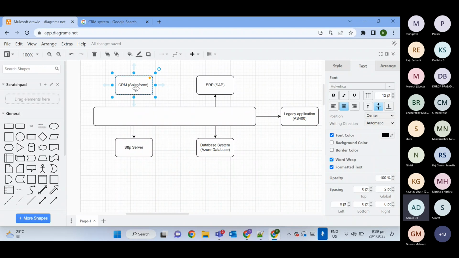Another advantage is that for MuleSoft you will get very good content on the internet. Whatever doubts you have, if you Google properly, you will find a solution. But for other integration technologies, you will not find those kinds of resources. These are learning advantages, but product-wise also, it has a lot of capability.